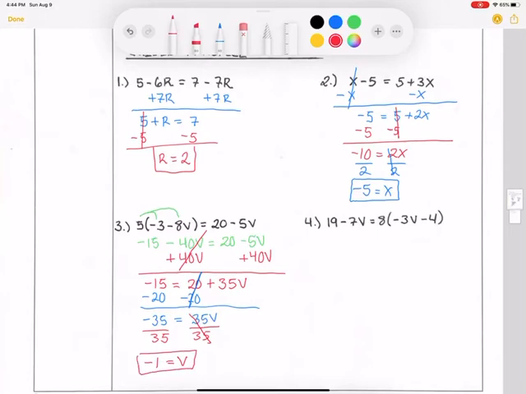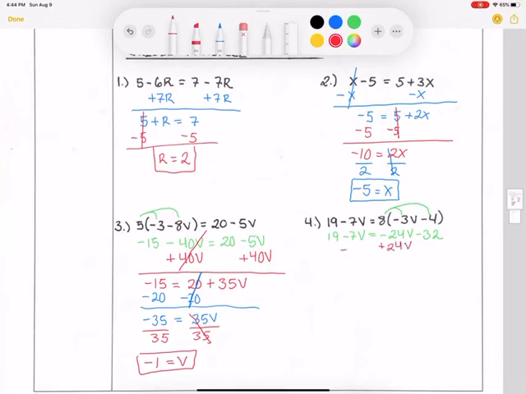In example 4, again, I have parentheses. I will need to get rid of those, so I'm going to distribute the 8 to do that. So 8 times negative 3v, 8 times negative 4. So I'll have 19 minus 7v equals negative 24v minus 32. Then I need to move the v's over. I'm going to move negative 24 because, again, I'll have to add it.